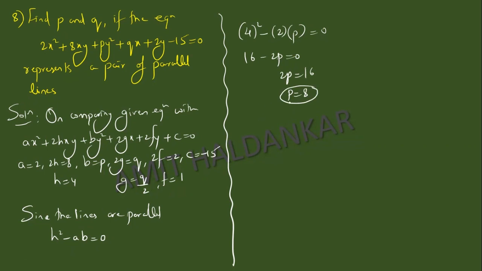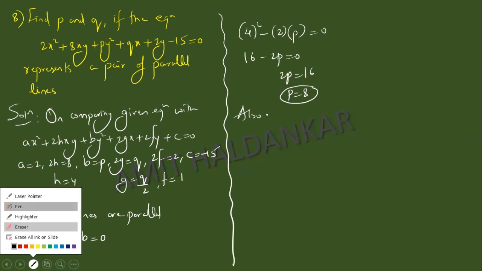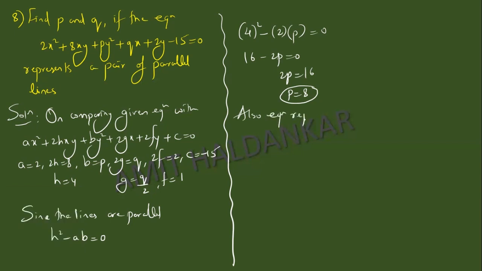Now also, since p is equal to 8 is given to you, the equation represents a pair of lines.